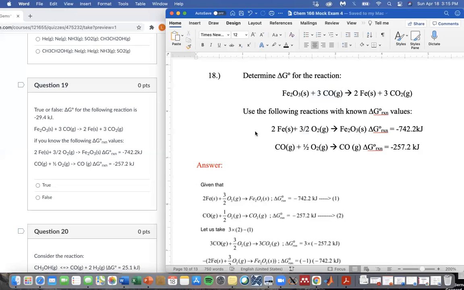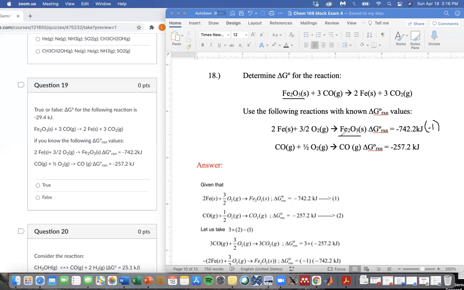First, in this first reaction we wanted Fe2O3 as a reactant, and we currently have it as a product. So the first thing to do is to flip this reaction, reverse it. If we're going to reverse it, we multiply by -1. If you remember Hess's law from December, this is the same concept.